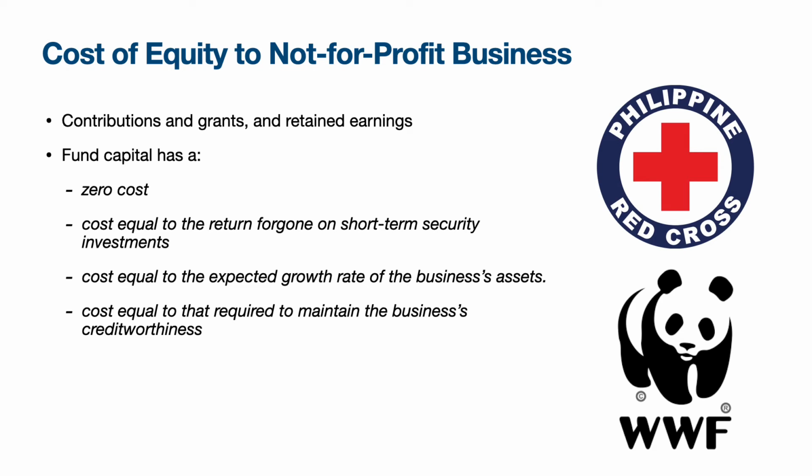Here we all know that a business's creditworthiness is based on its profitability. For not-for-profit businesses, to maintain the business's desired rating, managers must achieve the return on equity recommended by the rating agencies, which in turn sets the business's cost of equity target.